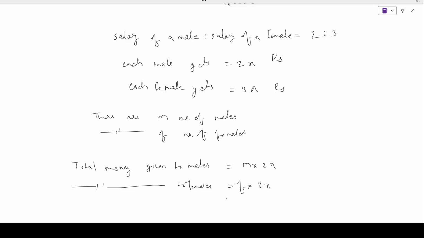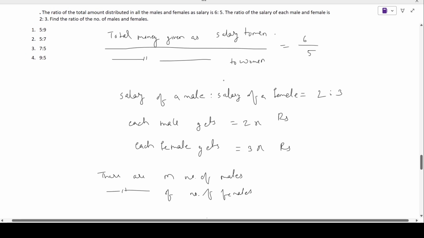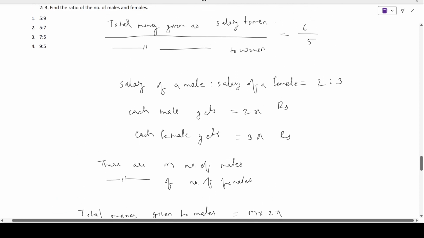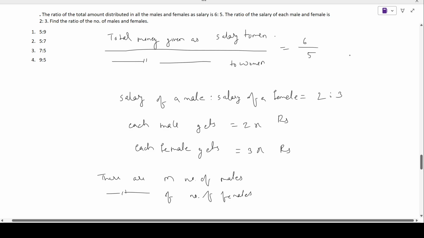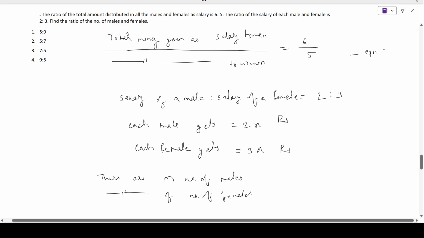Now it is given that the total money given to males and total money given to females is 6:5. Let's write this as equation 1.